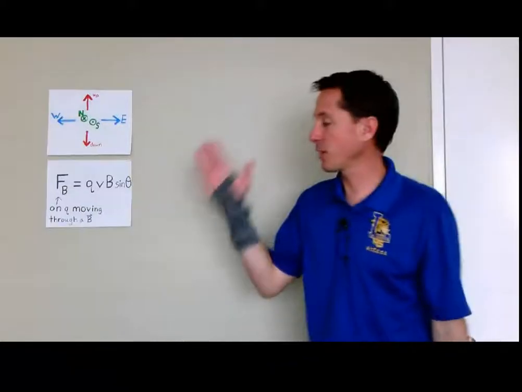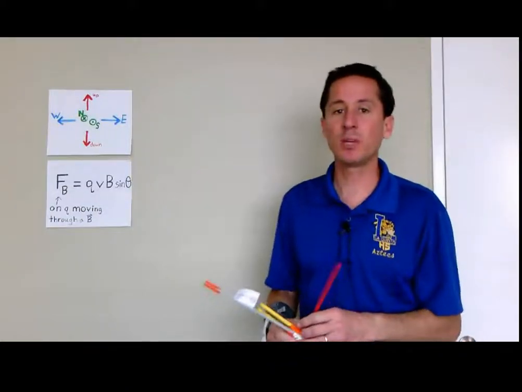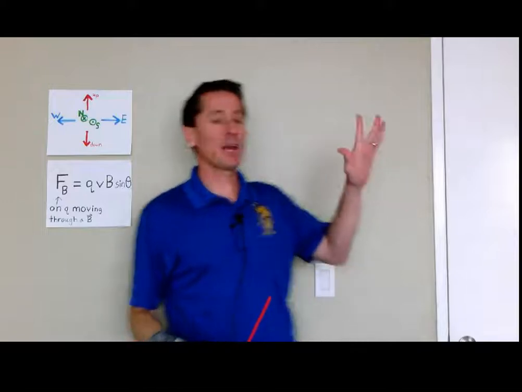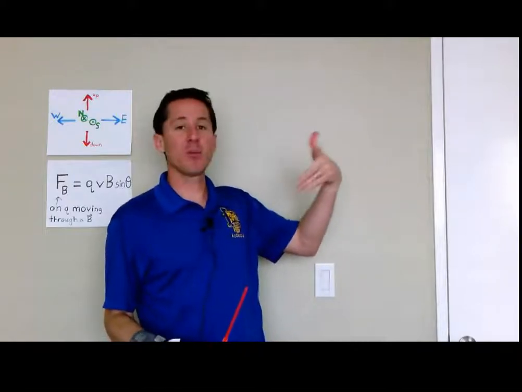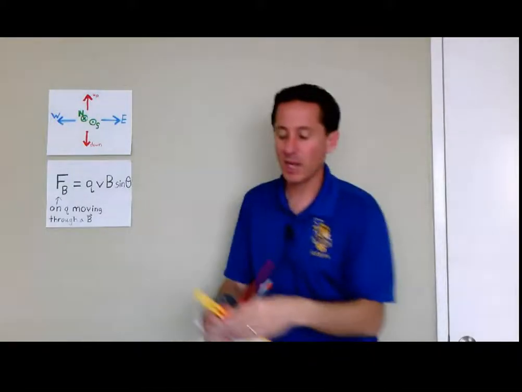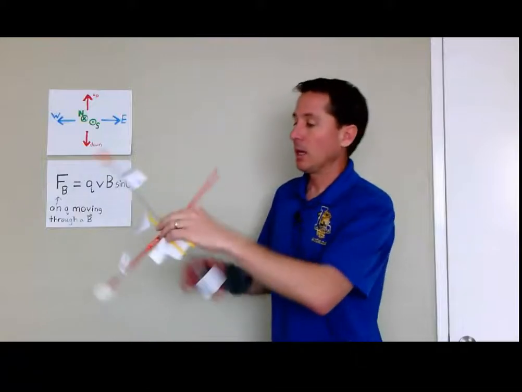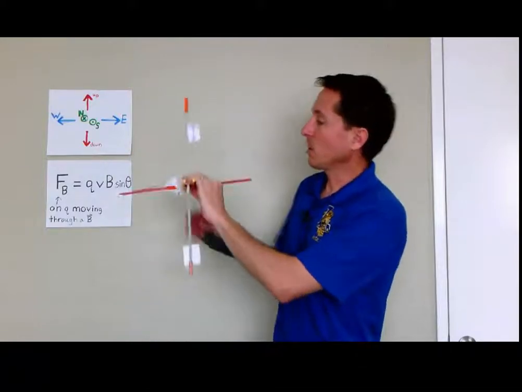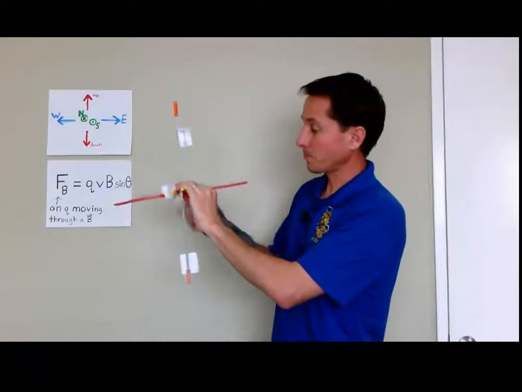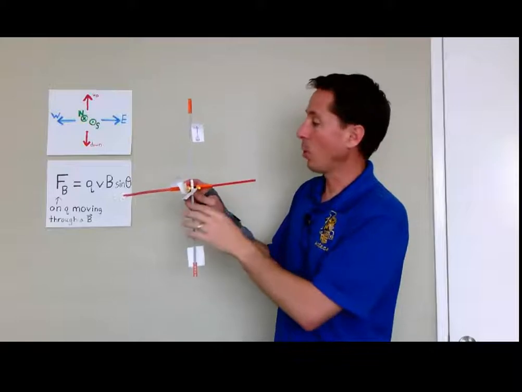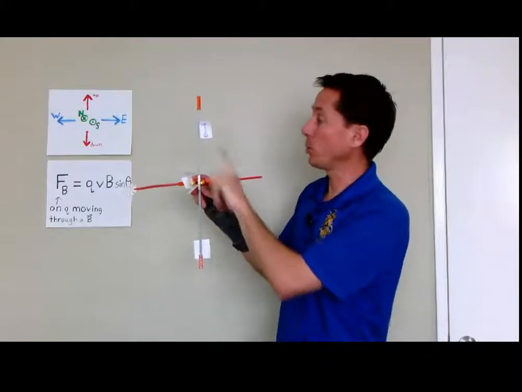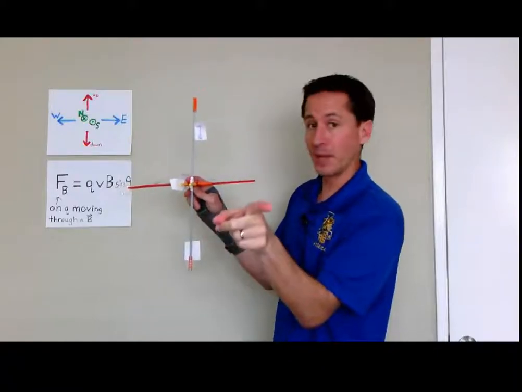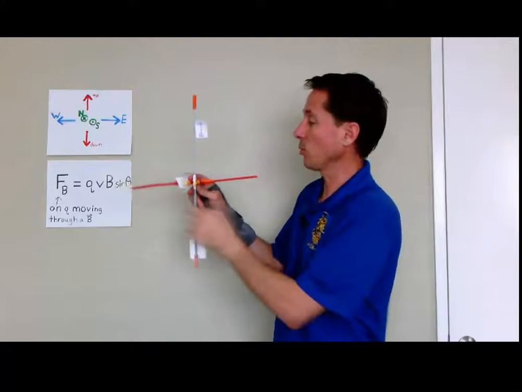So I actually got out a wrist brace here. Sometimes when people solve these problems, they kind of bend at the wrist and they get all messed up. So the first thing you do again is, let's say the charge is moving upward and the magnetic field is toward you, the only options for perpendicular to both up and towards you are either left or right.